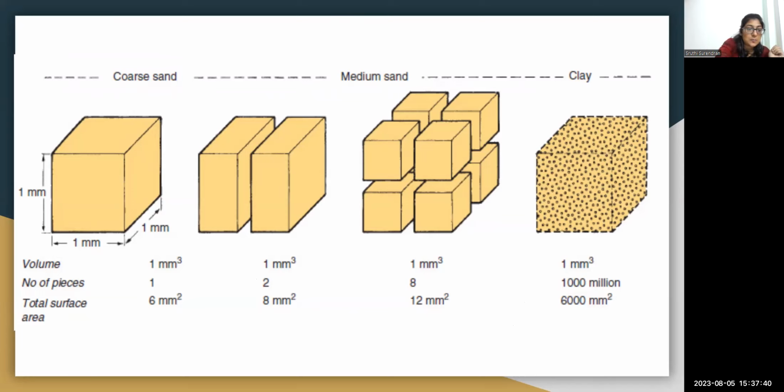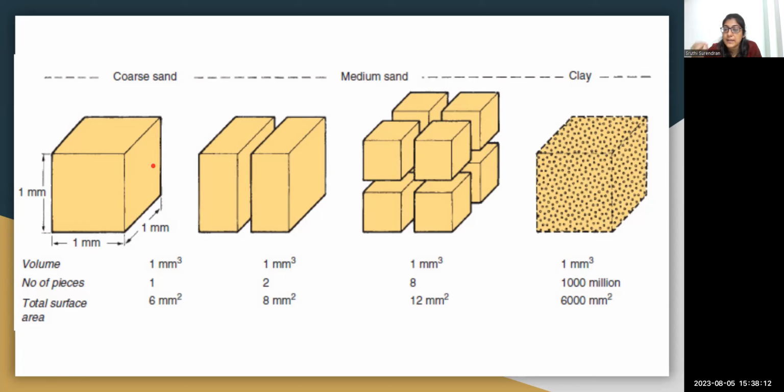You can see in this picture over here, when you take one whole big cube, a one millimeter cube of particle, the total surface area is going to be 6 mm square. When you divide it equally into two parts, the total surface area is going to be 8 mm square. So here the total surface area is increasing as the particle size decreases for a particular volume of the substance or the soil.